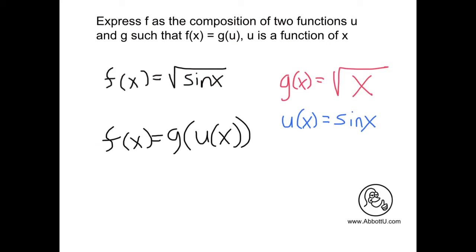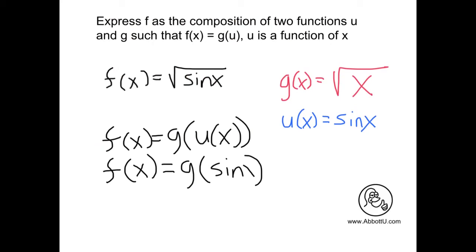And then maybe even do these steps where you're clearly demonstrating how to get from here to there. So the next step would be, well, what's u of x? U of x is sine x, at least according to this information.